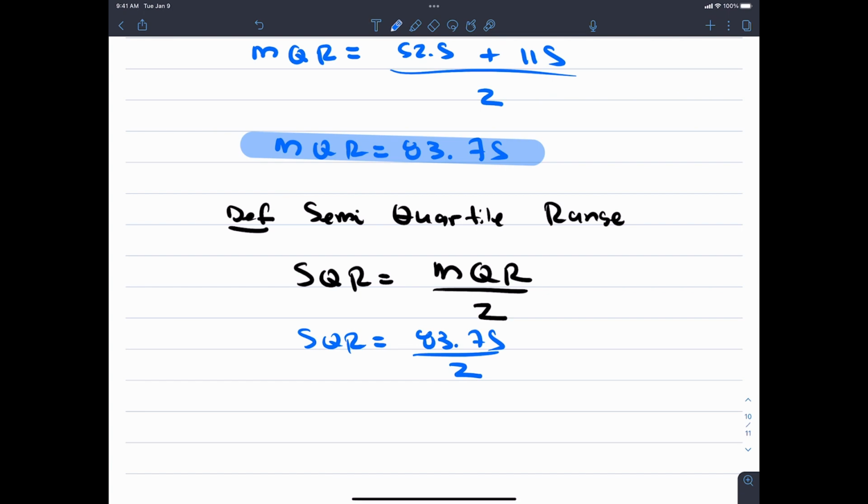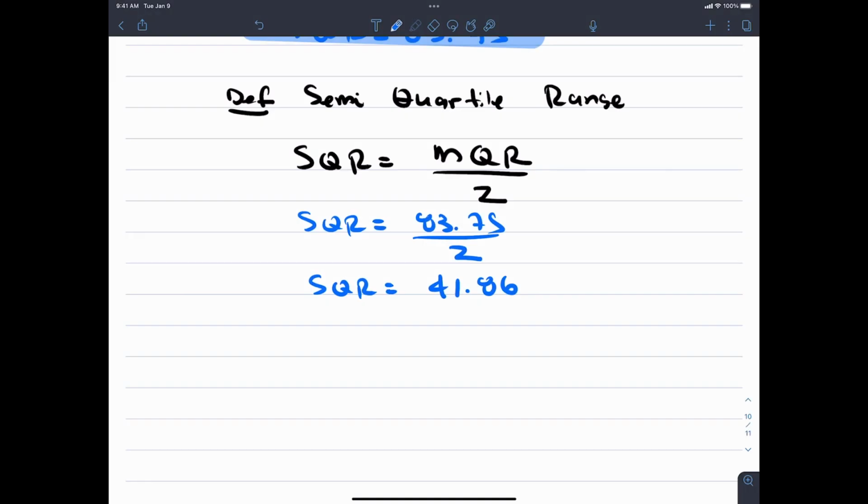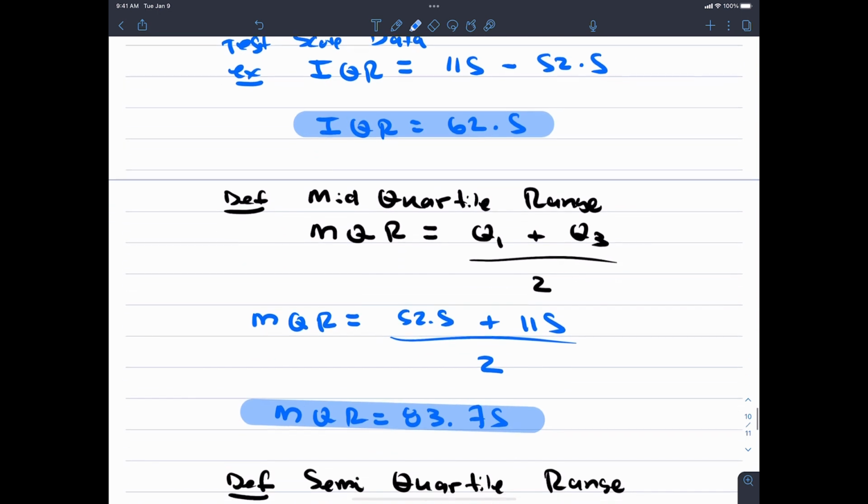By 2. So you get this 83.75 divided by what? 2. And what do you got? 41.86. All for these quartiles, ladies and gentlemen, these definitions.